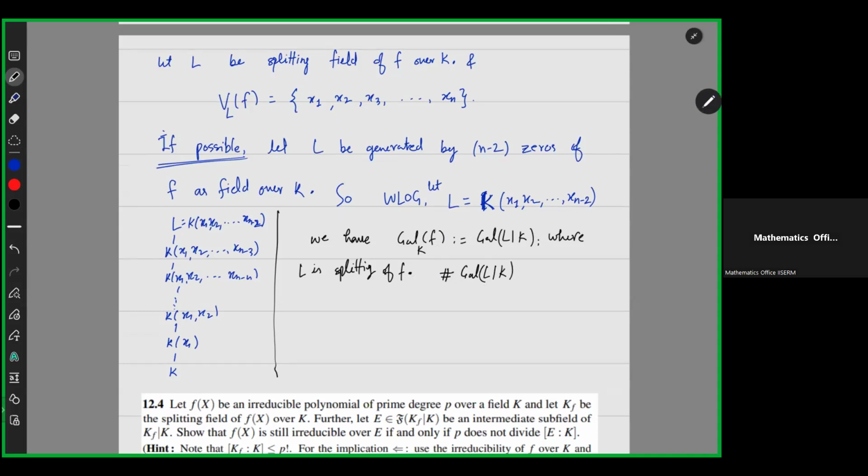Splitting fields are Galois extensions, so we also have the degree of L over K, and this is nothing but the cardinality of Sn, because Sn is the Galois group of F, and this is n factorial. Good. So the bigger degree is n factorial.